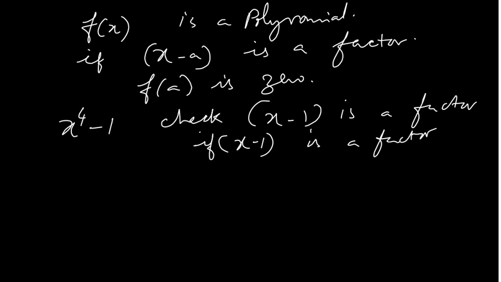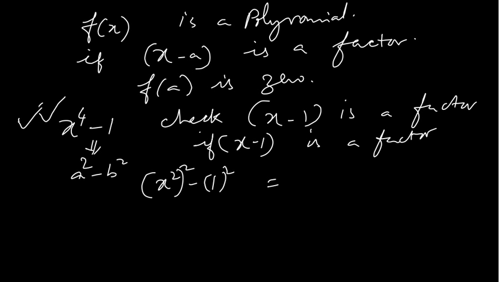So what I am trying to do is factor this. This is an a squared minus b squared kind of form, which is x squared whole squared minus 1 squared. Then I write this as x squared minus 1 into x squared plus 1.